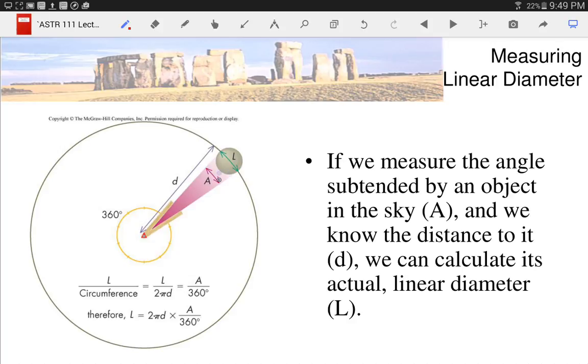So this is just using geometry. You have a circle that has 360 degrees in it. Do you remember why I said there were 360 degrees in the circle last week? Because of the number of days in the year, roughly, and they're just saying, ooh, but 360 is such a magical number. So we have 360 degrees in the circle. You have the radius of the circle here, which is conveniently marked D for distance.